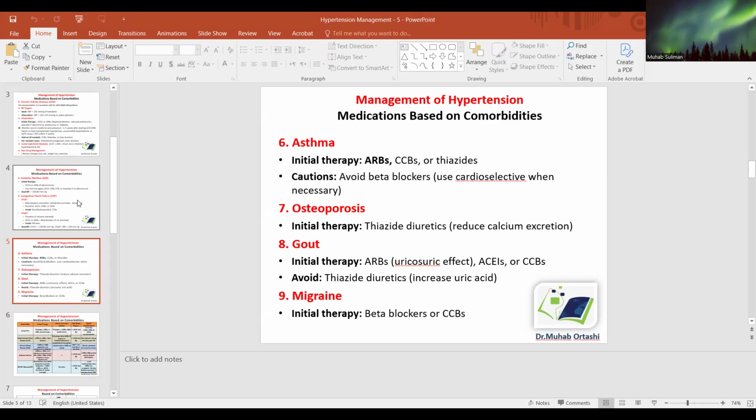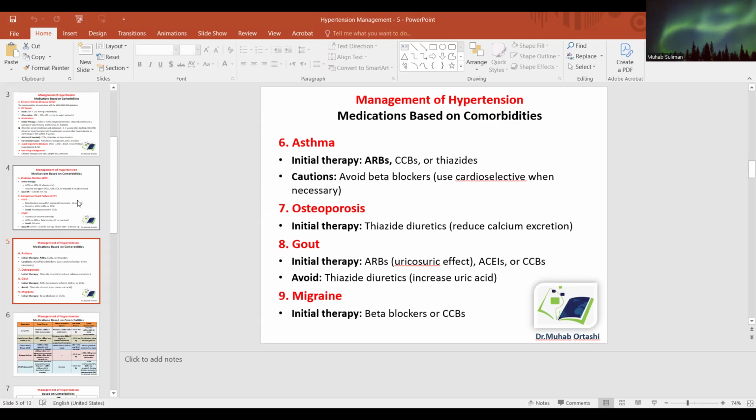Commonly used are ARBs, which are better even than ACE inhibitors for uric acid. We use losartan, which has a uricosuric effect. ACE inhibitors and calcium channel blockers could be used without effect on uric acid.